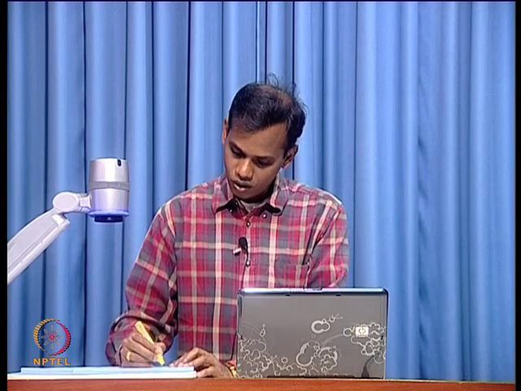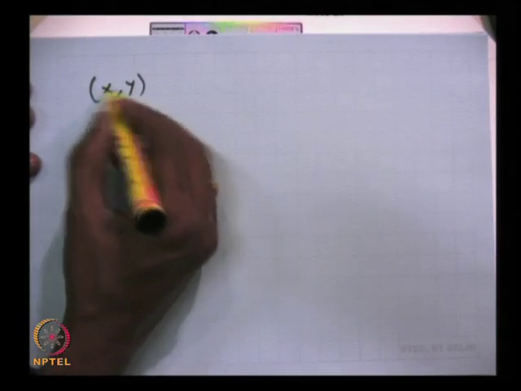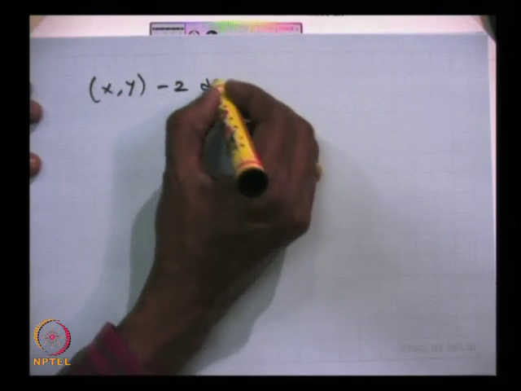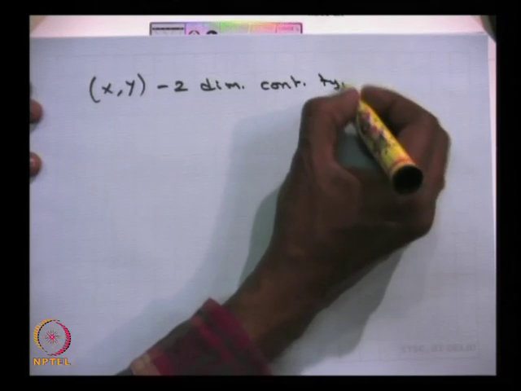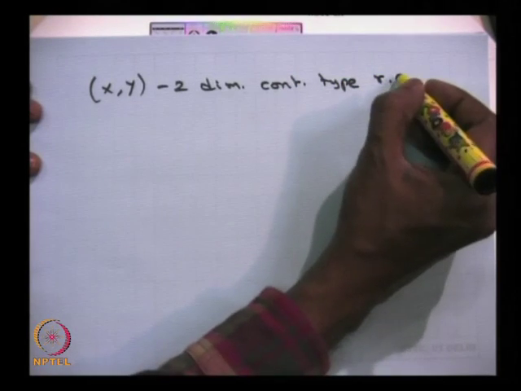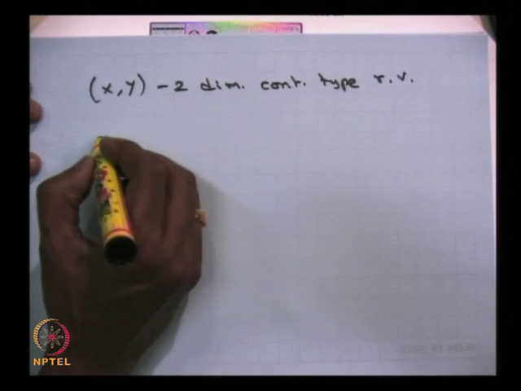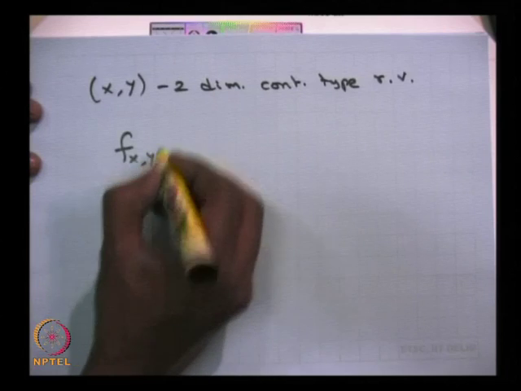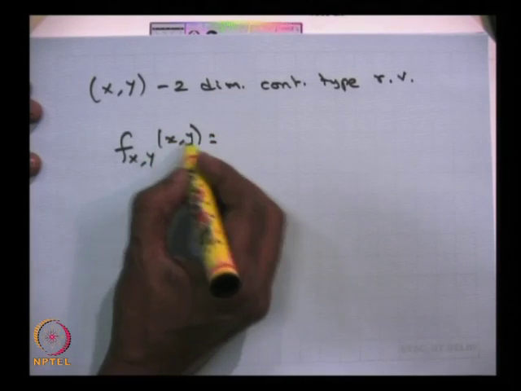Suppose the random variables x and y are each a continuous type random variable. Therefore you will end up with a two-dimensional continuous type random variable, or random vector. In that case you can define the joint probability density function of the form f of x comma y, with small x and small y.